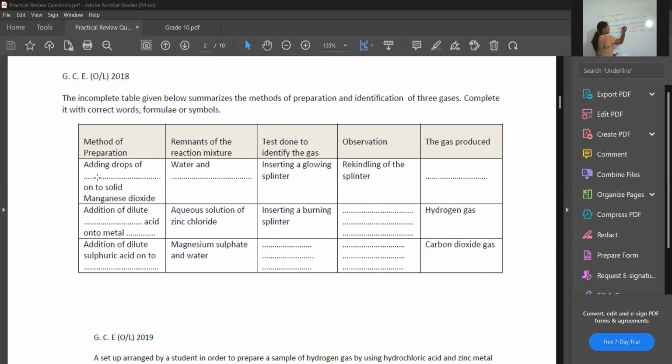So here, adding drops of hydrogen peroxide, H2O2, onto solid manganese dioxide. So the remaining things are water and, what should be the remaining thing?